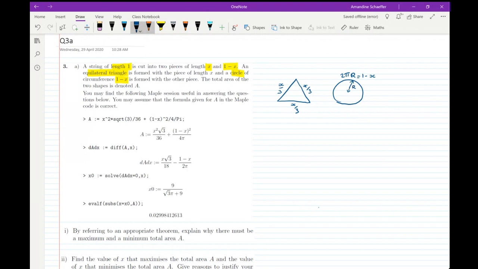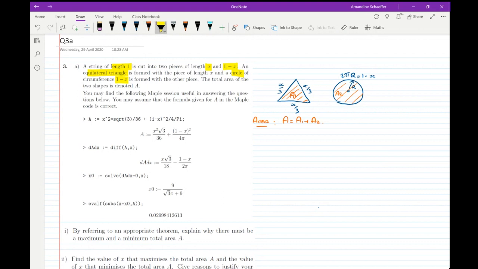Okay, so we are interested in areas. So let's call this area A1, and the other one for the circle is going to be A2. So the total area of the 2 shapes is denoted A, so A equals A1 plus A2. And then we have a few outputs from Maple.